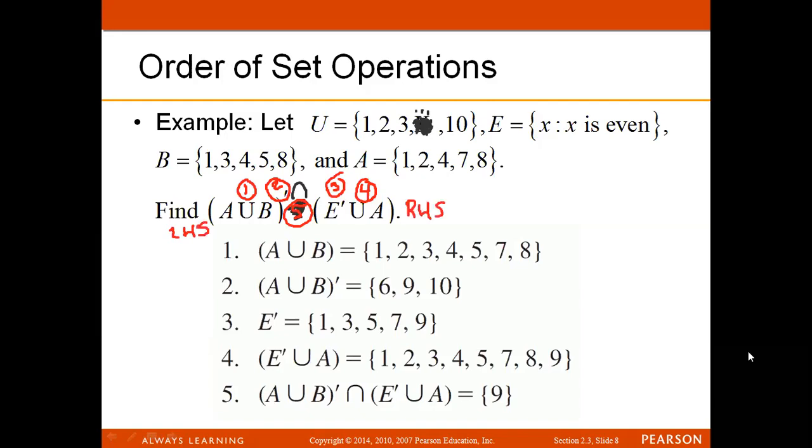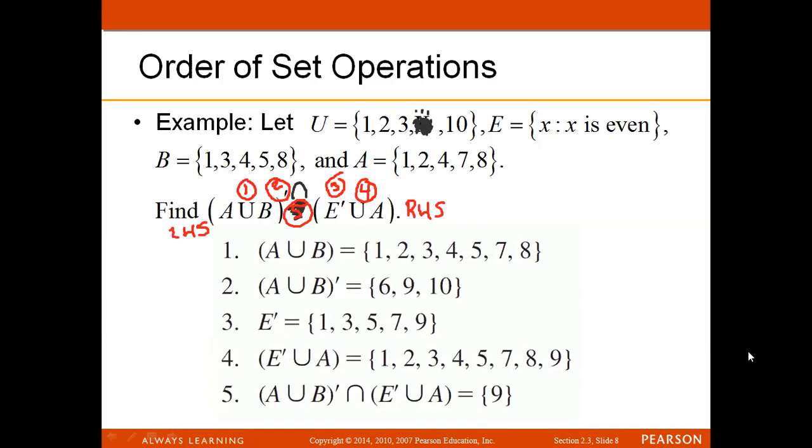Left-hand side, we can first union A with B. So A is 1, 2, 4, 7, 8, and we union that with 1, 3, 4, 5, 8. Union is everything from both sets.